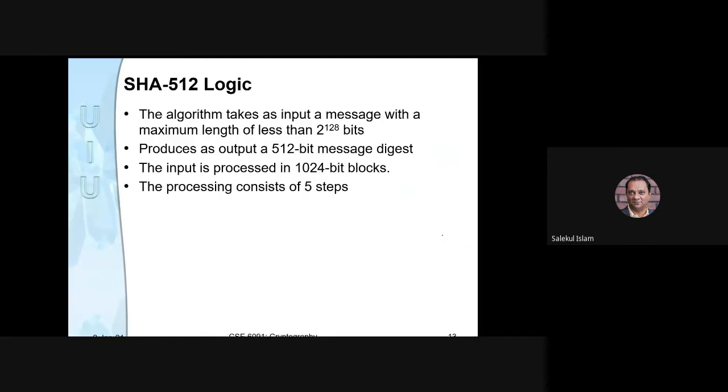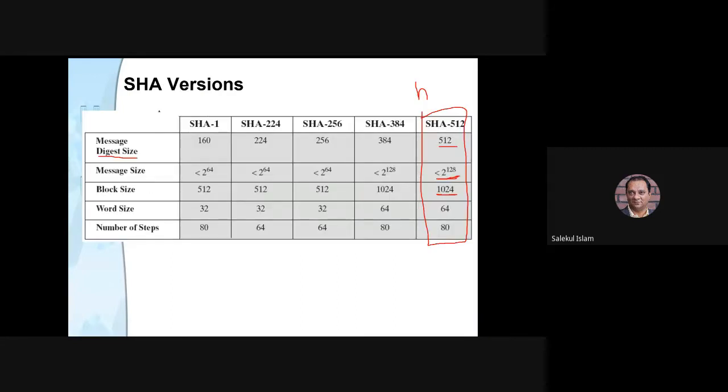So the algorithm takes as input a message with a maximum length of less than 2 to the power 128 bit. Remember that this is the maximum length of the message. Finally, it will produce an output of 512 bit, because we have already said that the message digest is 512 bits.